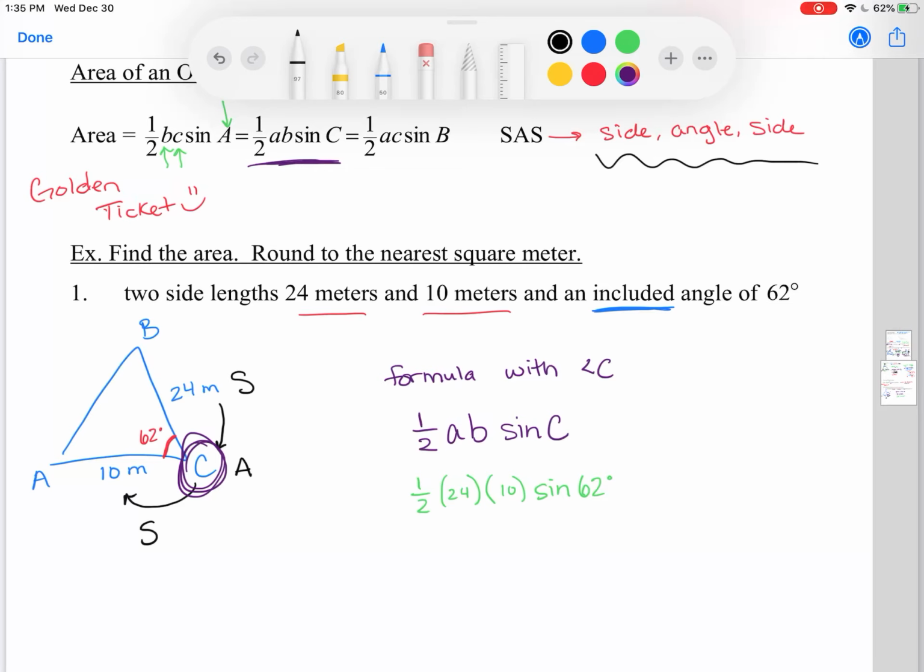Then I can rely on my calculator: 1/2 times 24 times 10 times sine of 62. Again, make sure you are in degrees. This will give you 105.95. But the directions told us to round to the nearest square meter, so that gives a final answer of 106 meters squared.